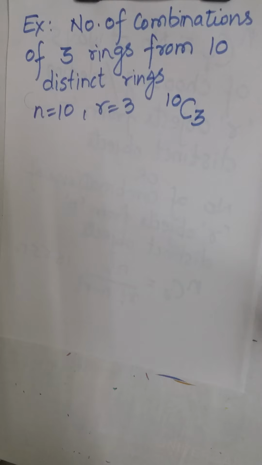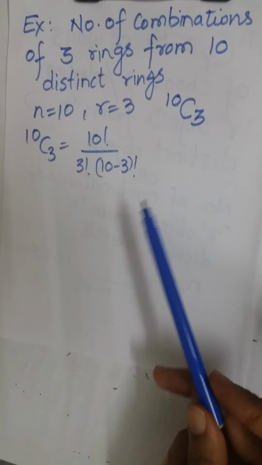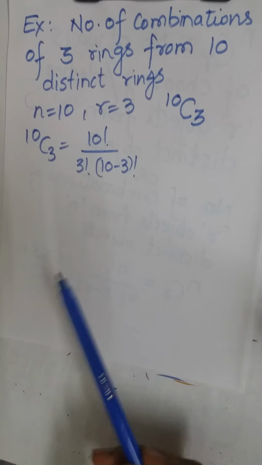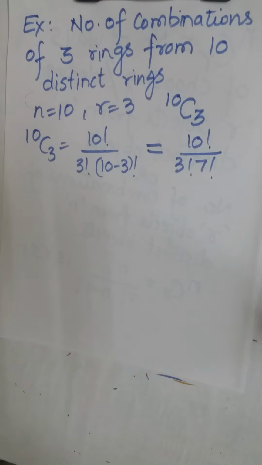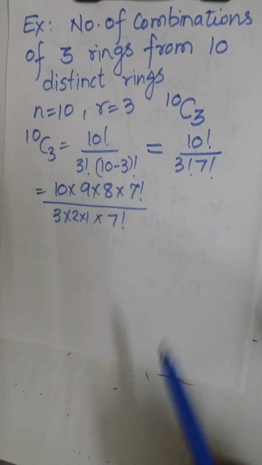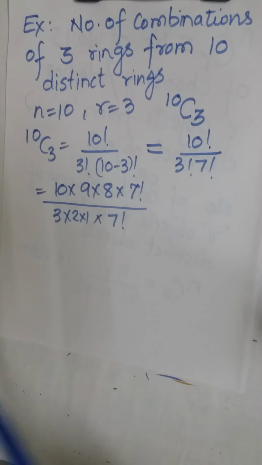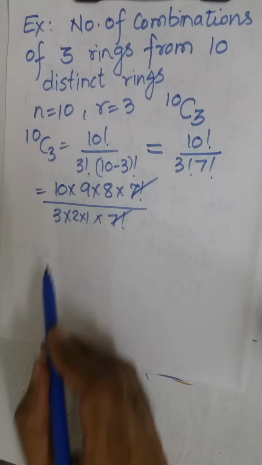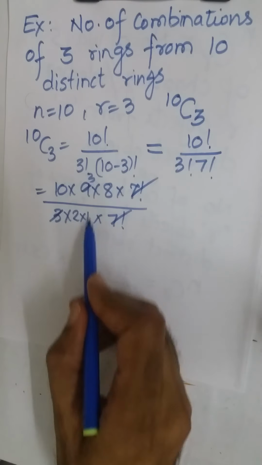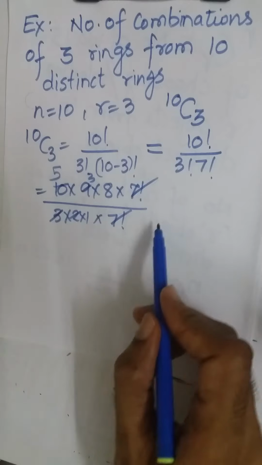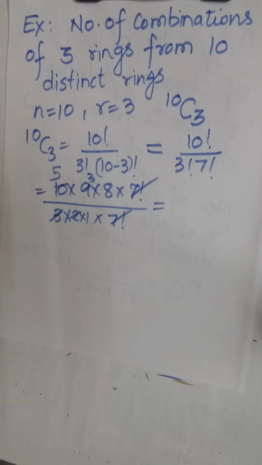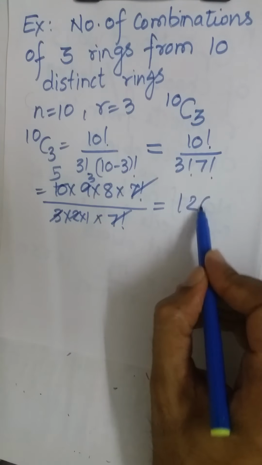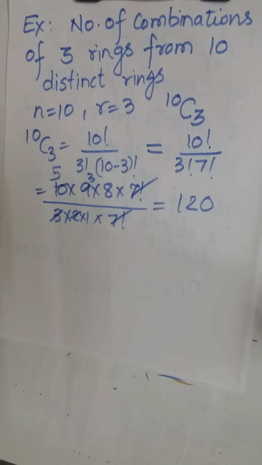Now we can solve it like this. 10 minus 3 is 7 factorial. We can write 10 factorial as 10 into 9 into 8 into 7 factorial. So 7 factorial cancels out. 3 3s are 9, 2 5s are 10, 15 8s are 120. So 120 such combinations are possible.